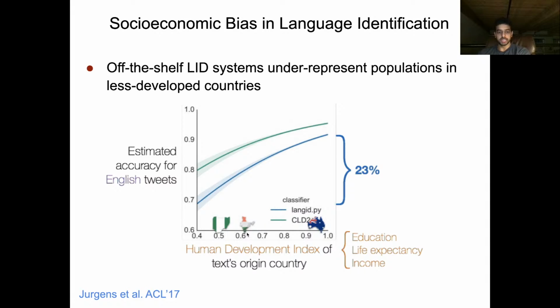So for a country like India, which gets a score of like 0.6, you can see that the accuracy for tweets written in English by people from India is much lower than tweets from the US or Britain or Australia, where the human development index is much higher. So these systems are likely not trained on data from all of these different populations, but if they're deployed on data that includes examples from people in India or other countries, then they're going to fail more often.